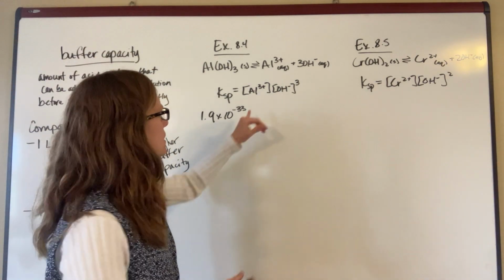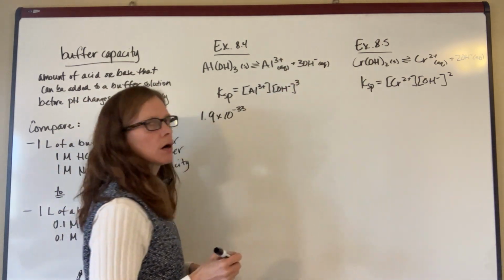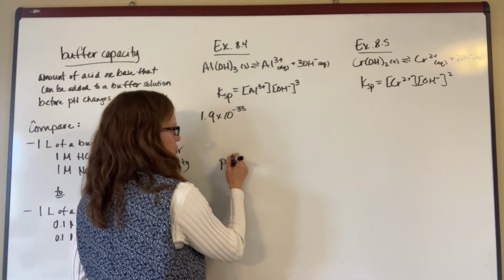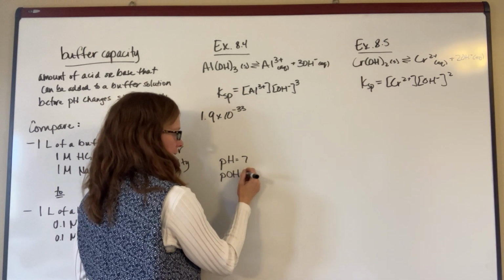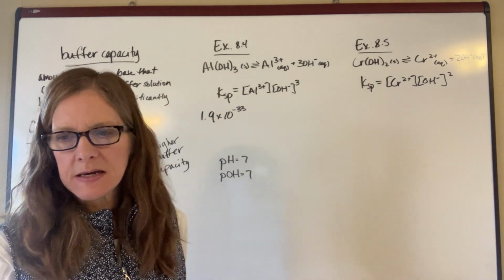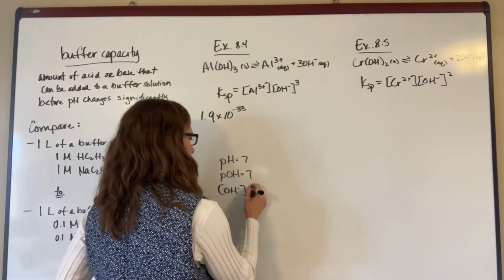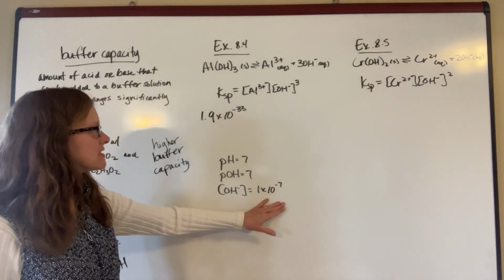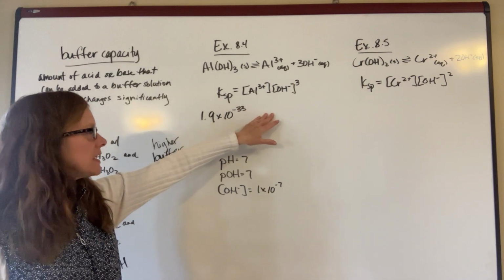So initially, I don't have any of the aluminum ion there, but if you'll recall, water, which has a pH of 7, will also have a pOH of 7. And so what that tells me is that in pure water, my OH concentration is going to be 1 times 10 to the minus 7th. Okay, that's going to be substantial when you compare it to the amount that we would otherwise calculate here.